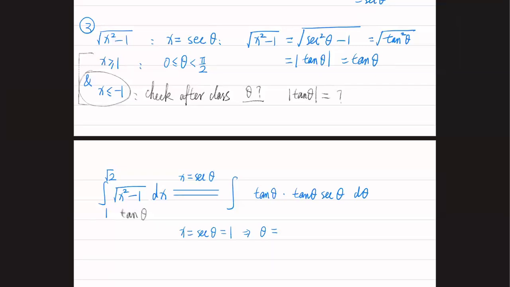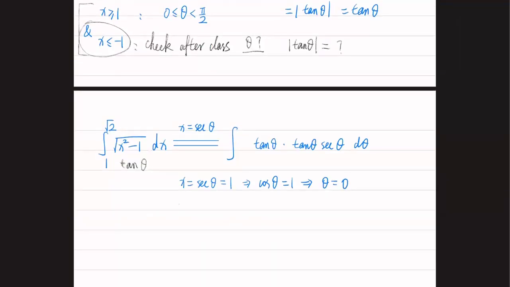How to find this theta? For some angle, the secant is 1. Secant is 1 over cosine. So what's cosine theta? Yes, that's correct. It's the same as cosine theta is 1, then theta will be 0.